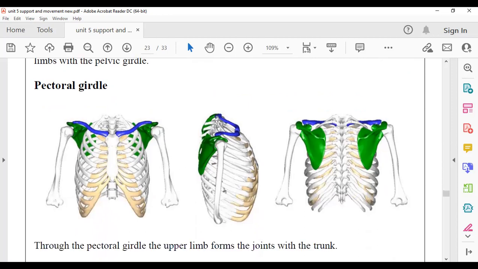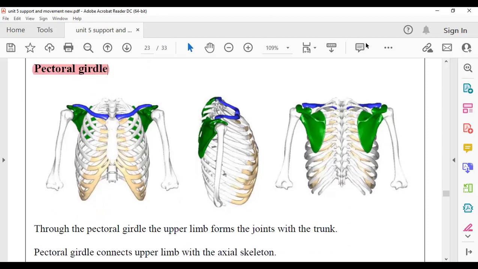In this one, first of all, we are introducing the pectoral girdle. These three pictures are trying to show you the pectoral girdle. Actually, the pectoral girdle is an oval shaped structure.